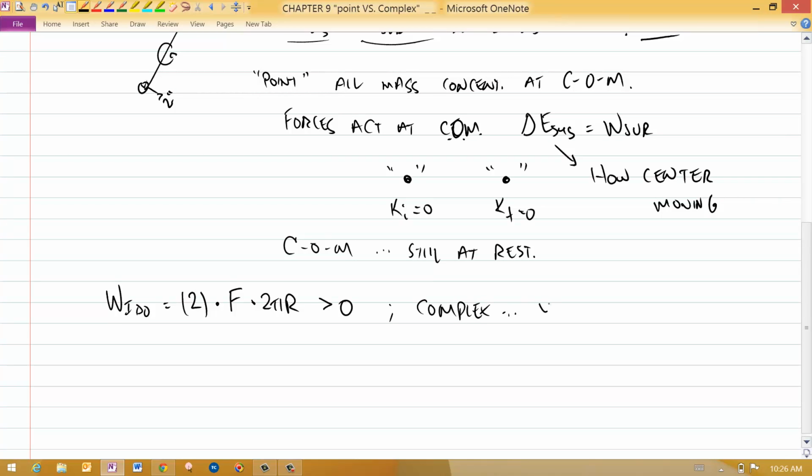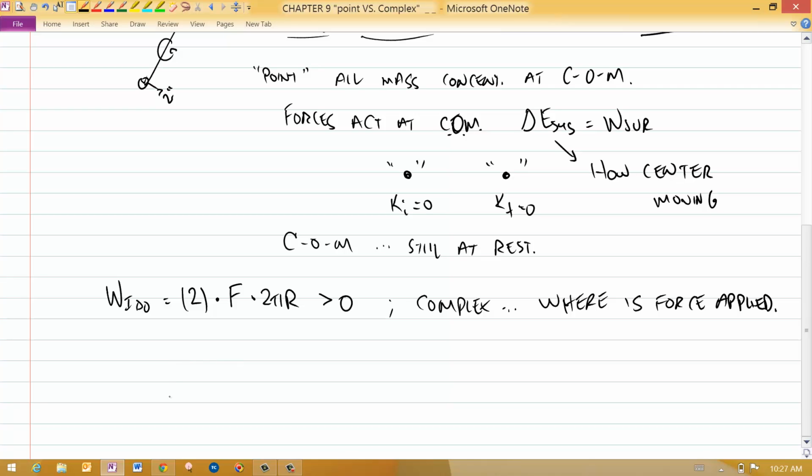I need to see where the force is being applied. And for this case, I can see that the two objects are separated like so. There's work I'm doing on each one, and now the change in the energy of the system is going to be the change not in how the center is moving, but in how each one of these objects is moving.